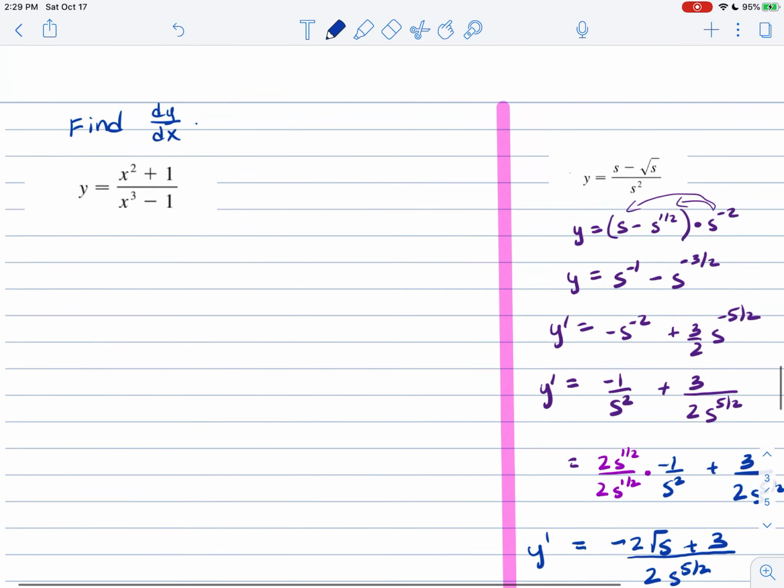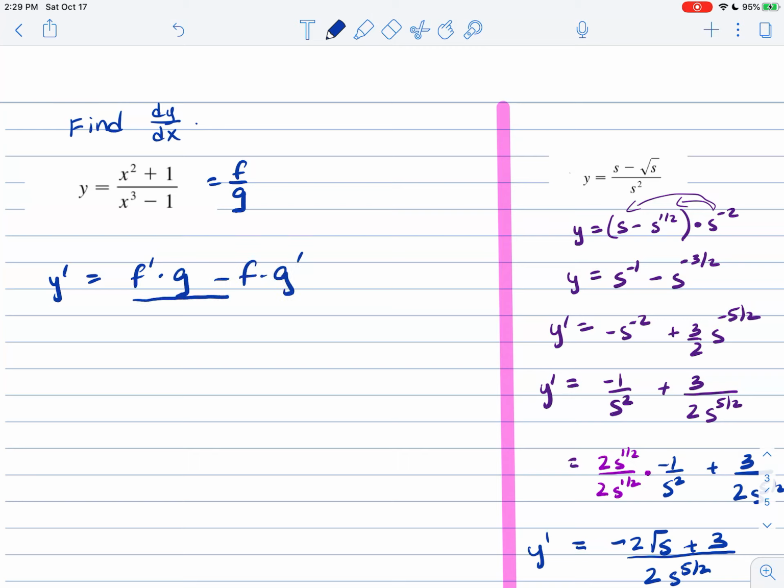But when you don't have a single term, you must use the quotient rule. And so this would be f over g, and our y prime would be the derivative of the top times the bottom minus the top times the derivative of the bottom all over the bottom squared.